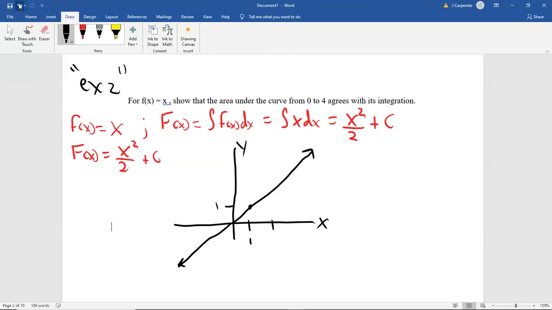At 2, we have a height of 2. At 3, we have a height of 3. And then at 4, we have a height of 4. So (1, 1), (2, 2), (3, 3), (4, 4), those are 4 points of that line. You only really need 2 of them, but you get the point.